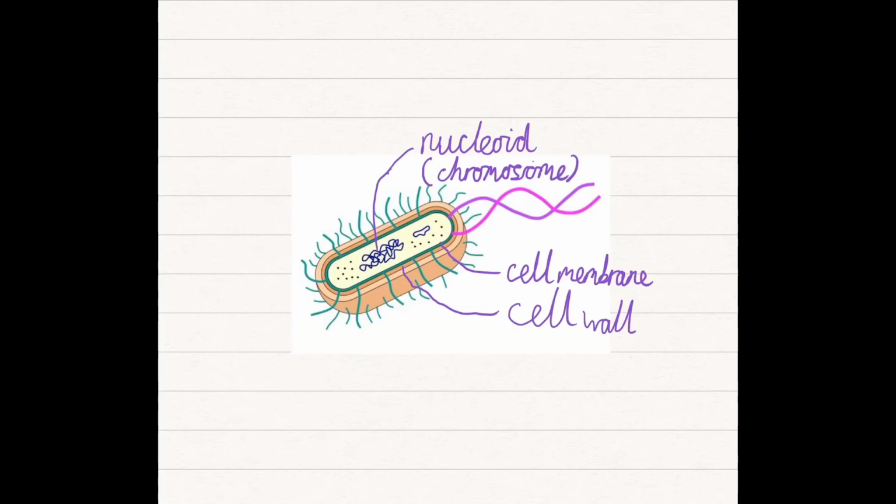Then there's the little blue round line, which is the plasmid. And finally, there are the tiny black dots, which are the ribosomes.